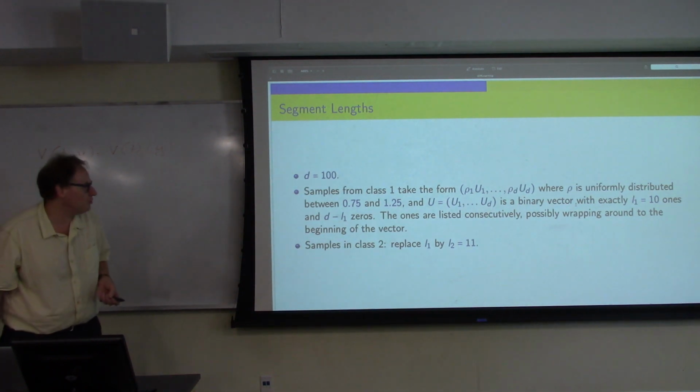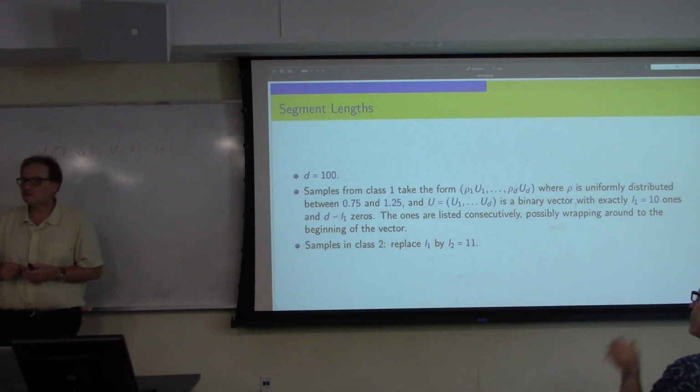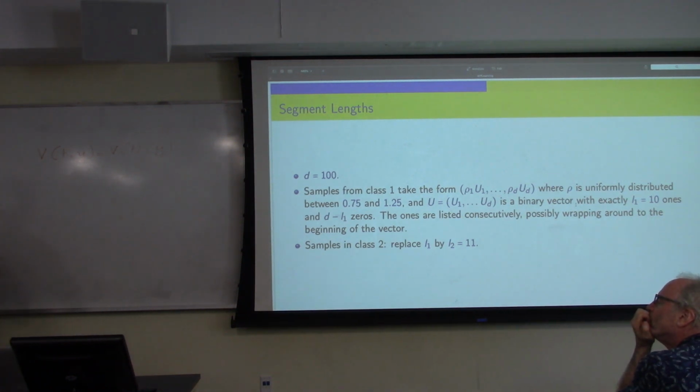Let me move quickly. I have a few more examples. Maybe I won't tell you everything. This is again a very simple problem. Imagine a circle, and you have all zeros, except one segment which has ones.